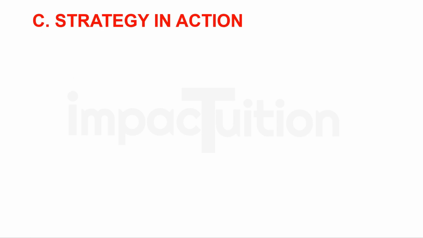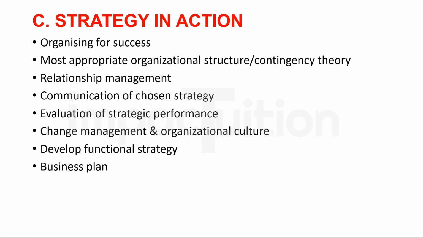Right, then we come to the final step in the strategic management process, which is the strategy in action. Under this, we will discuss organizing for success, the most appropriate organizational structure or the contingency theory.